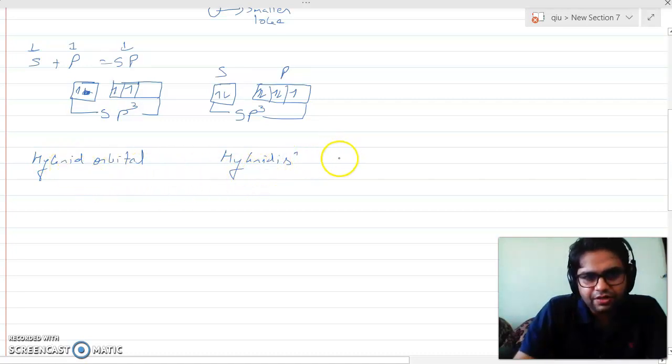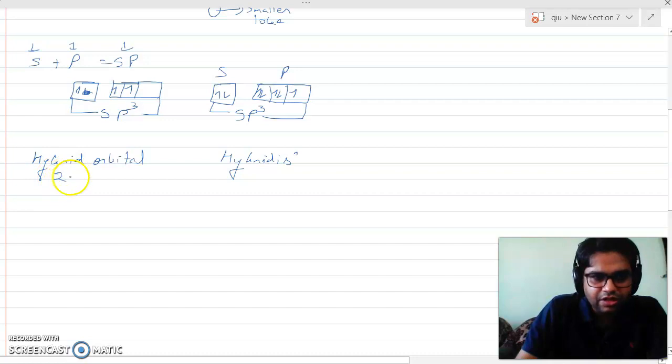They will all be written as superscripts. The number of hybrid orbitals starts from 2. If I write 2, it is the hybrid orbital, and it will always start from the s orbital. So for 2 we need one s and just one p. If the number of hybrid orbitals is 3, then we need one s and two more p, so it becomes sp2.